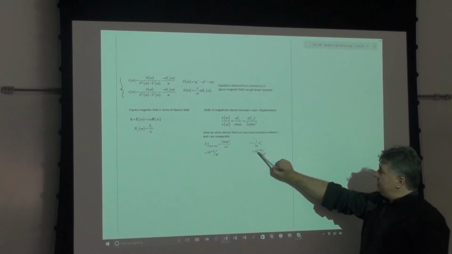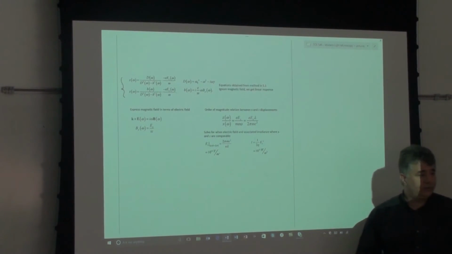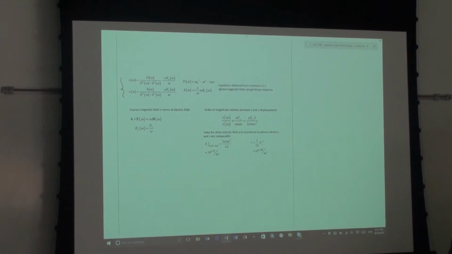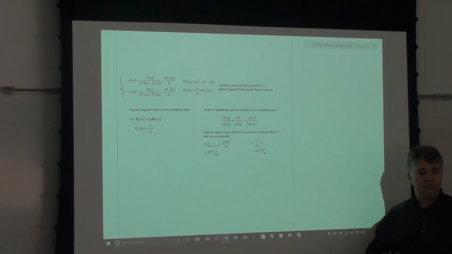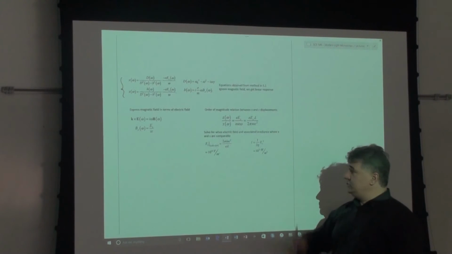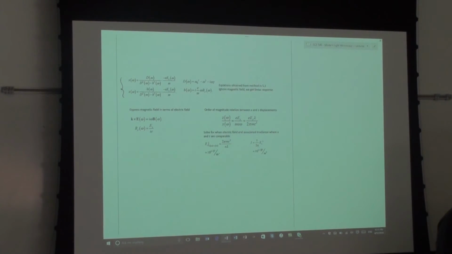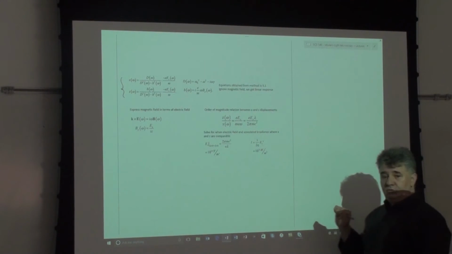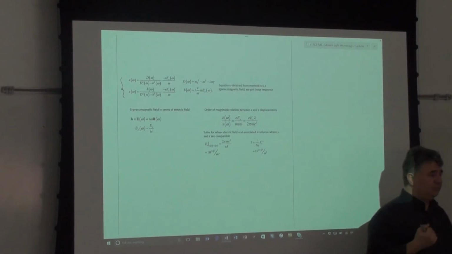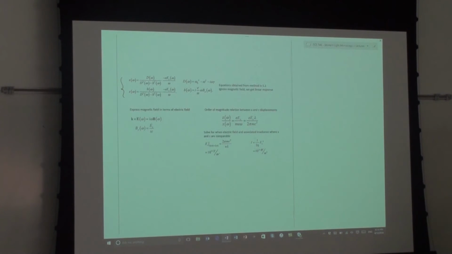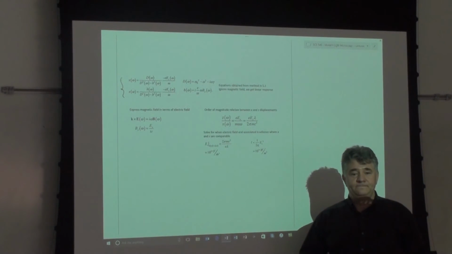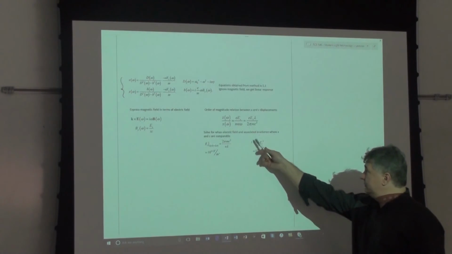In the radians, you get something like 10 to the 20, 10 to the 21, which, of course, varies a lot from material to material, but it's where it should be. So clearly, for the nonlinear effects to matter, you need a lot of power. Okay? How much power? Of this order.